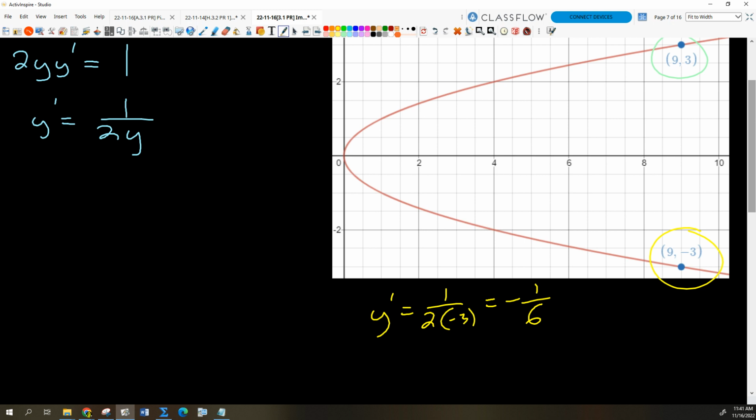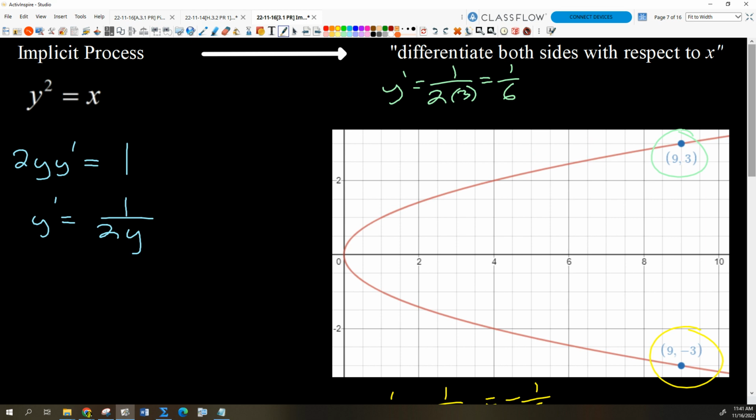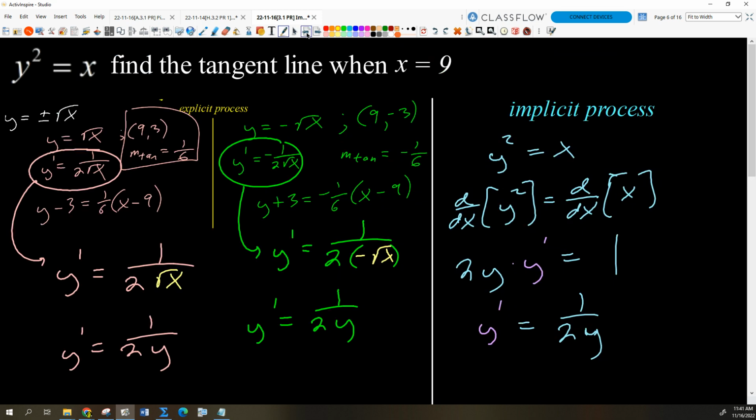What do you know? We got those results much, much more quickly using this implicit process, didn't we? Everybody see that? Way better. We had to do quite a bit of work over here to come up with the slope of the tangent line, and that was a bit of a process. But from this point on, everything's the same.